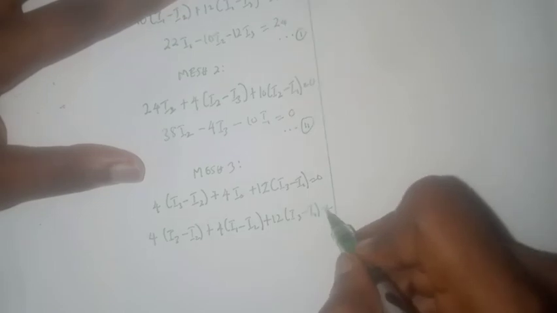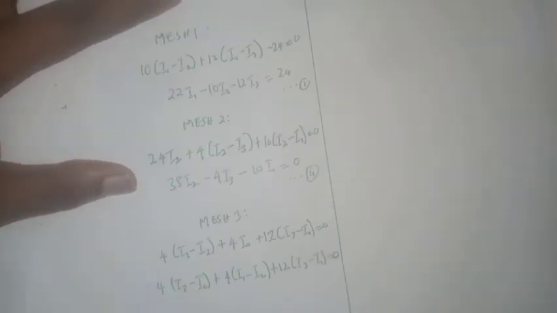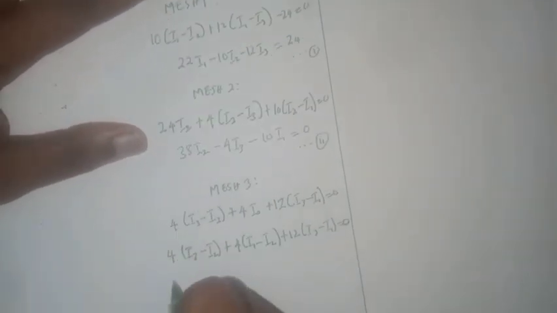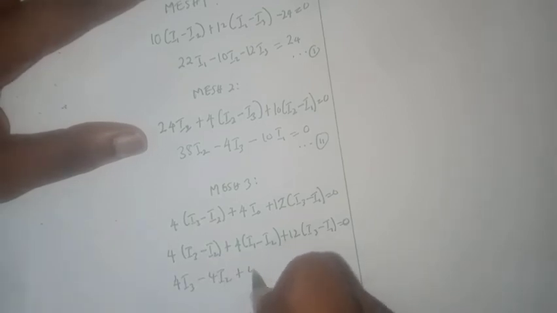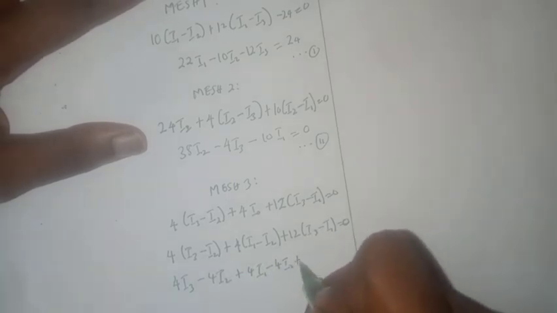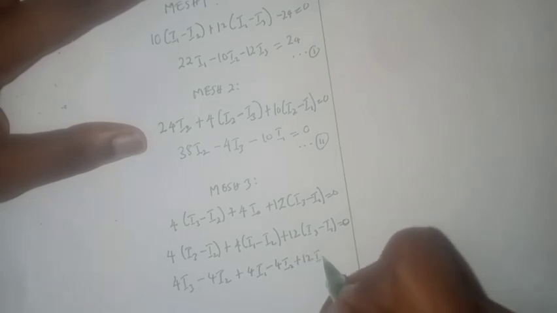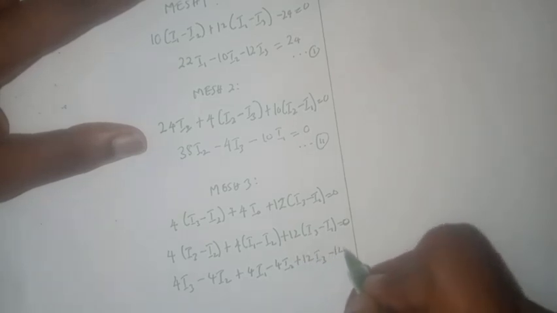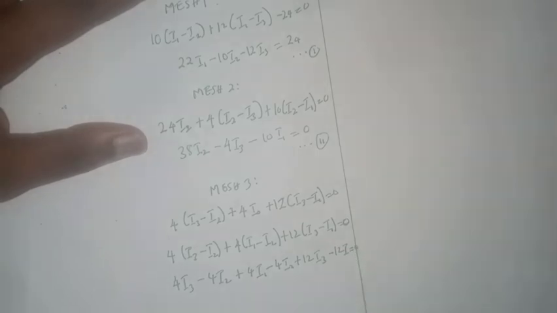Then we can expand this, and we would have 4I3 minus 4I2 plus 4I1 minus 4I2, and plus 12I3 minus 12I1. Then we equate it all to 0.